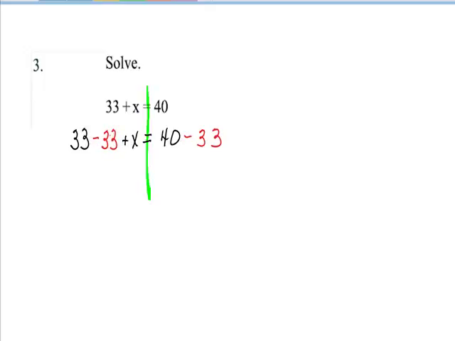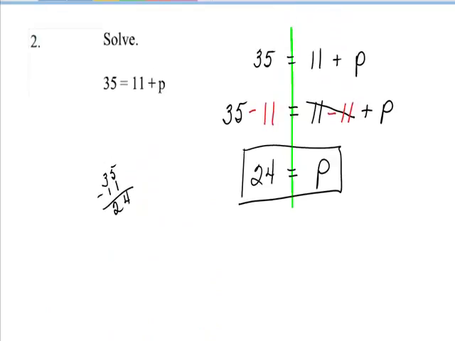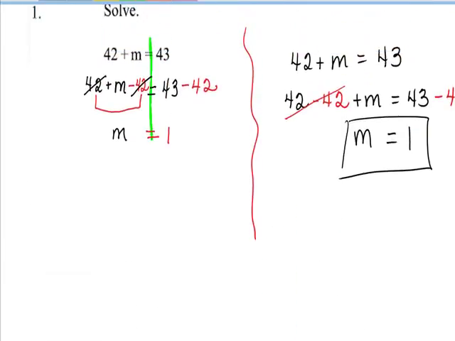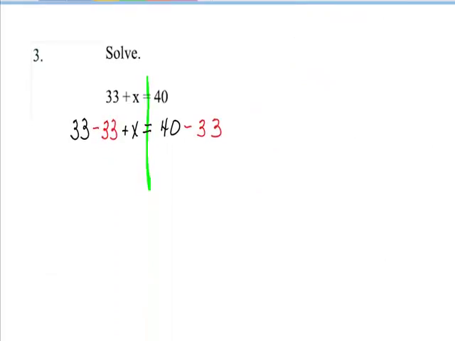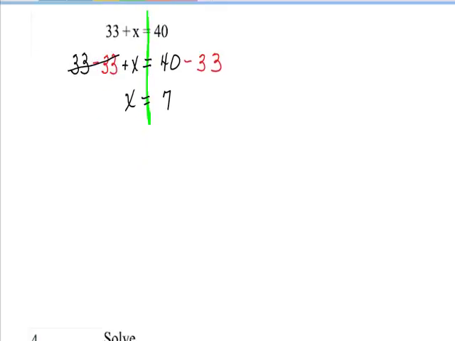Subtract 33, the last problem was subtract 11. The problem before that was subtract 42. The side with the variable tells you what to do, but you have to do the same thing on the other side. All right, 33 minus 33 is 0, and 0 plus x is x equals 40 minus 33, which is 7. So the solution is 7. 7 is the whole number that makes that true.